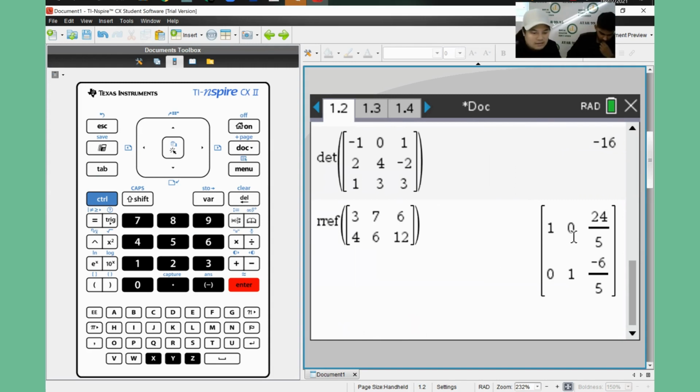This can only be the answer if the left-hand side is an identity matrix: 1, 0, 0, 1. This is called identity. Then you got these two numbers. This is quite useful, RREF for you.